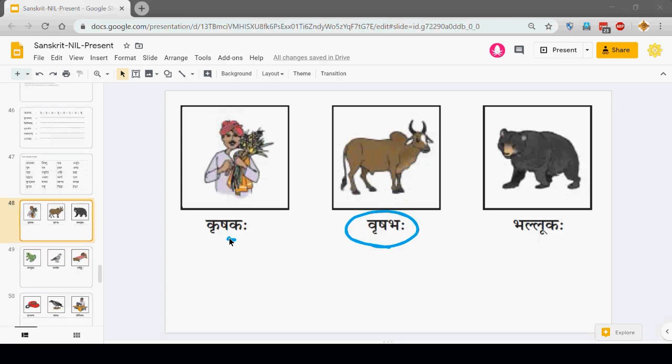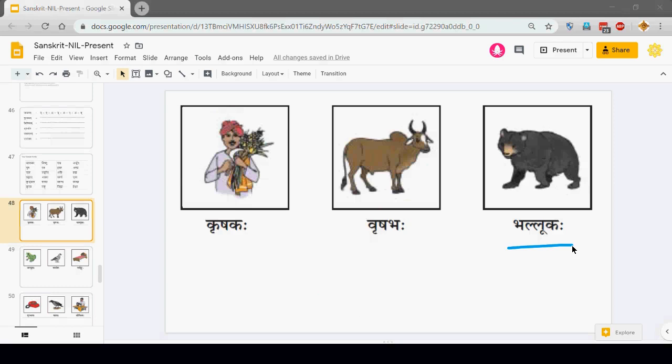By the way, Krushaka means farmer. So in India, farmer looks like this. Rushabhaha means bull or ox.